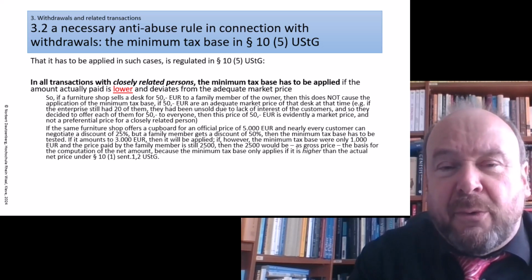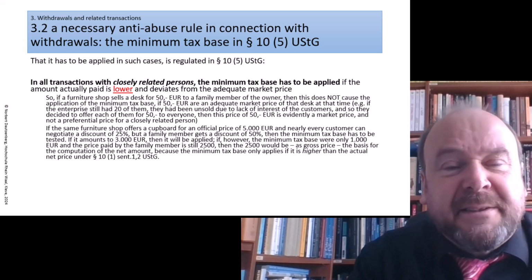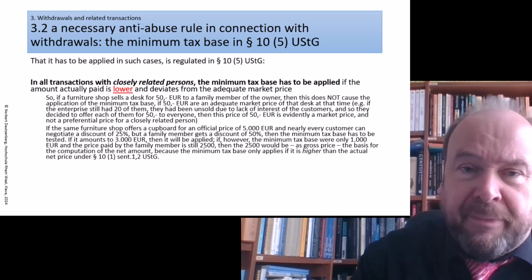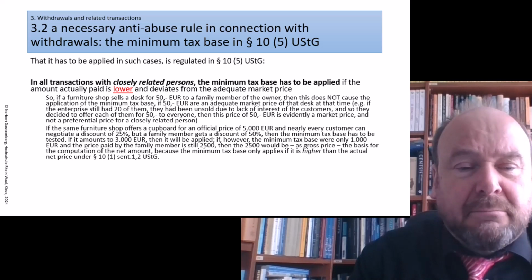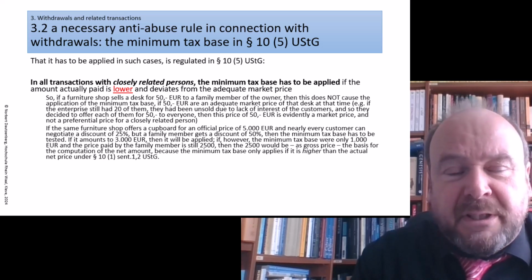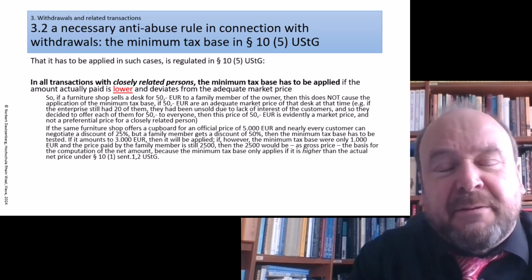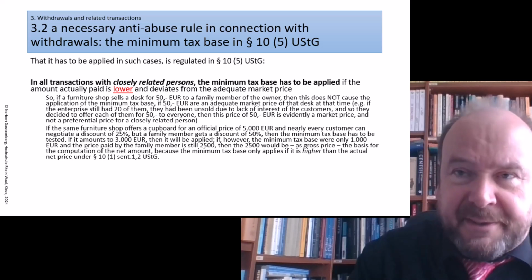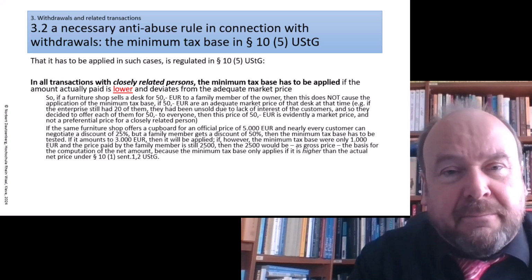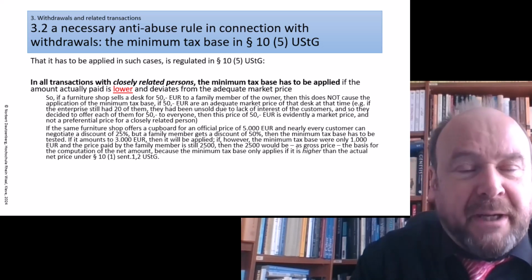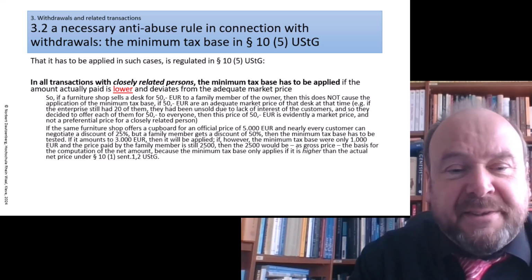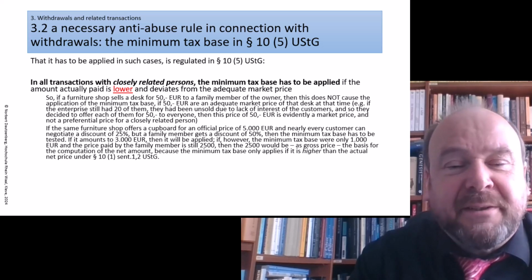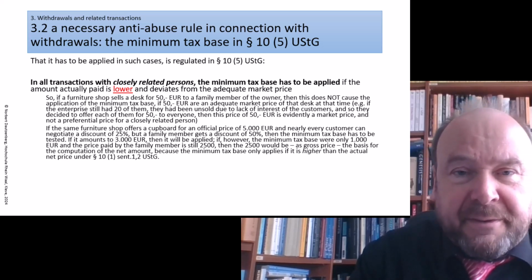Now, if your own family member gets a discount of 50% from you, so can buy for 2.5, then evidently the price here is not the adequate market price which you charge to others. So now the command is compare. Imagine the minimum tax base is 3,000, but the family member pays 2.5, then 3,000 counts.